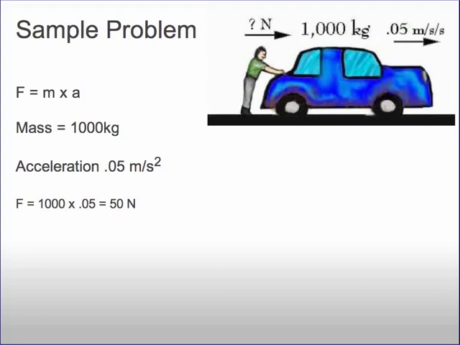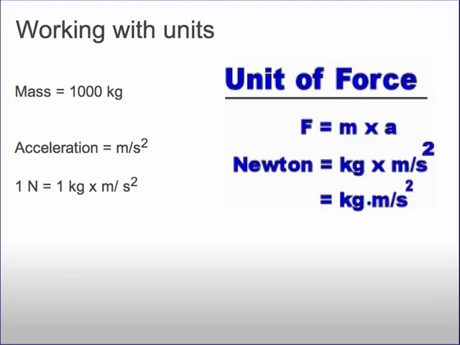The acceleration, 0.05 meters per second squared. 1,000 times 0.05 is equal to 50. Okay? When we want the force, it's going to be measured in newtons. How do we get that? Well, a newton is the same thing as a kilogram times meter per second squared. Obviously, that is a big label, and it just ended up being easier naming it a newton.